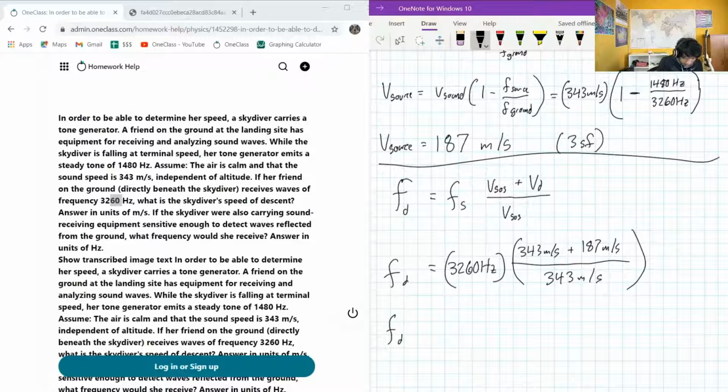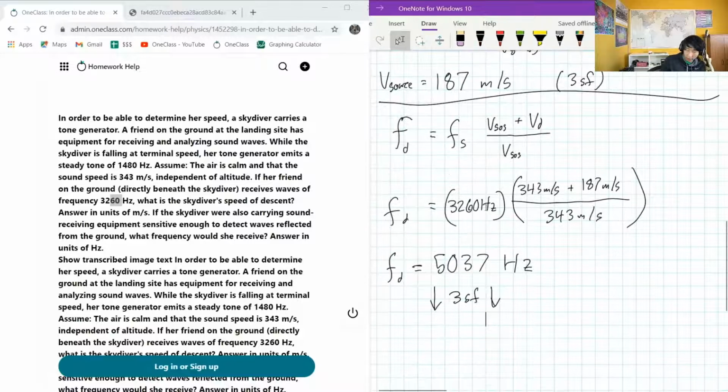So 343 plus 187, times 3260, and my result for this calculation is 5,037 hertz, and we want to convert to 3 significant figures because that's all that we were given in the question.